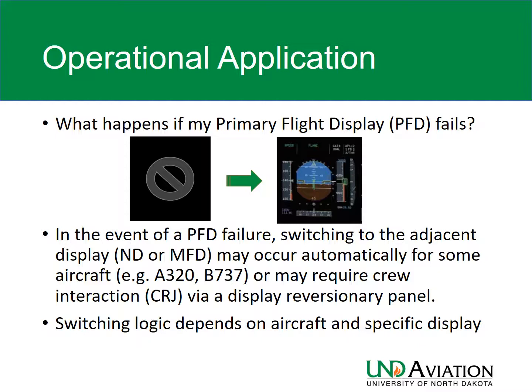So it's important to know from aircraft to aircraft that switching logic or the reversionary logic does differ. It also differs from screen to screen. So one logic or one screen failure which will cause an automatic switch may not cause automatic switching in another set of screens. So it's important to understand the difference.